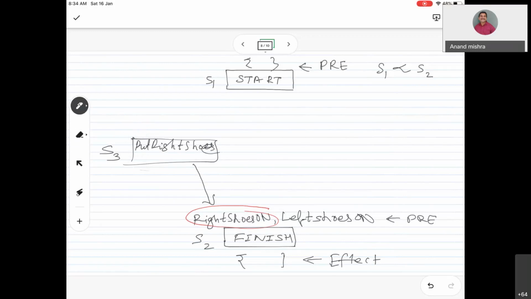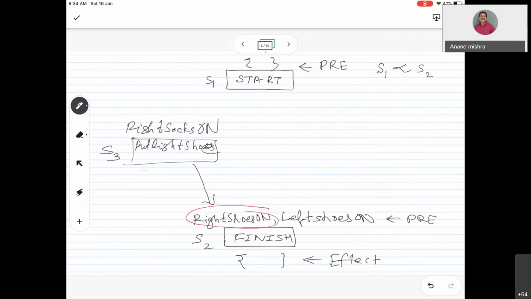So for put right shoe, the precondition should be right socks on. Okay. So right socks on is the precondition of this particular thing. Is that satisfied?